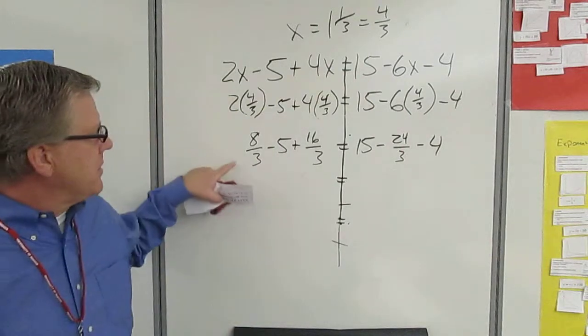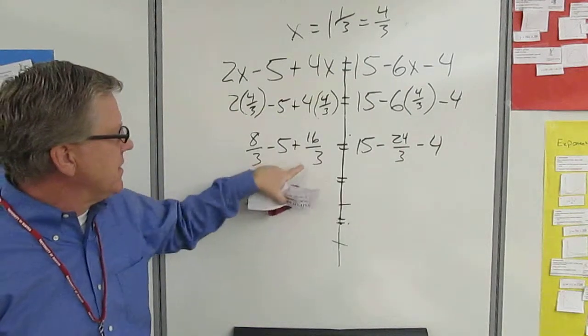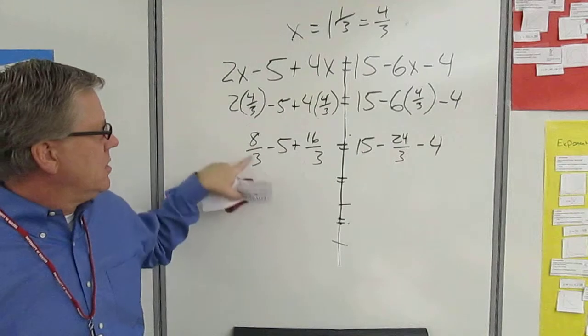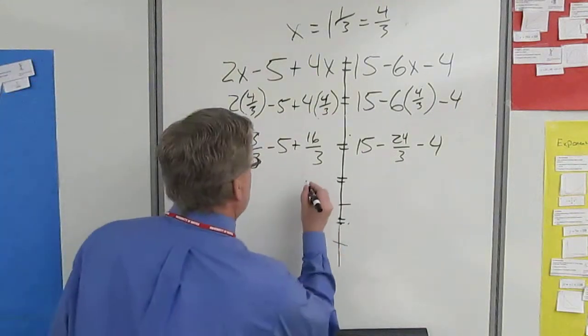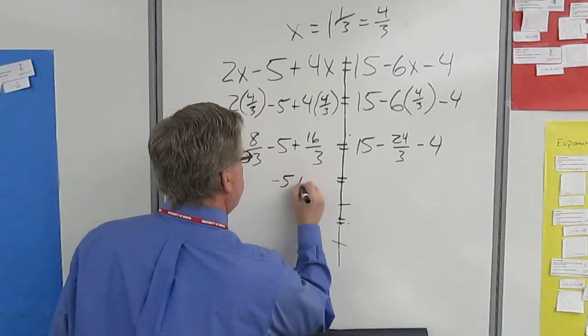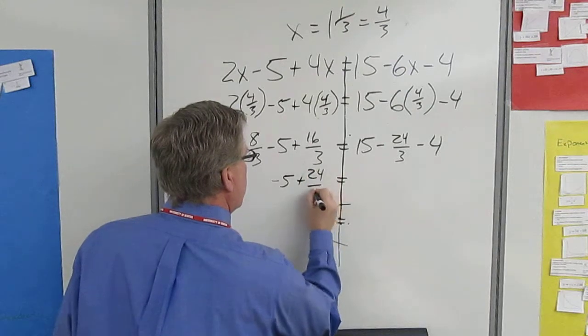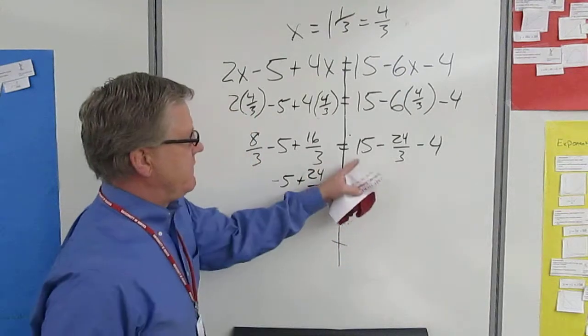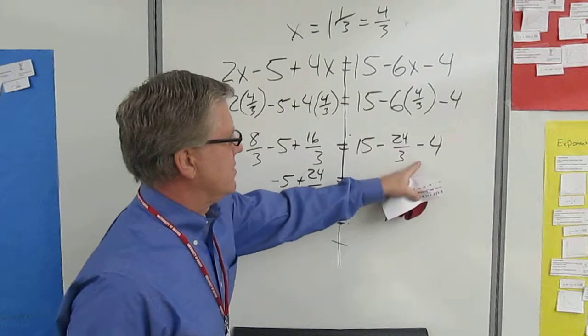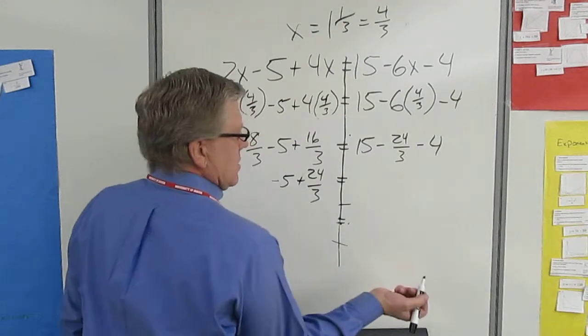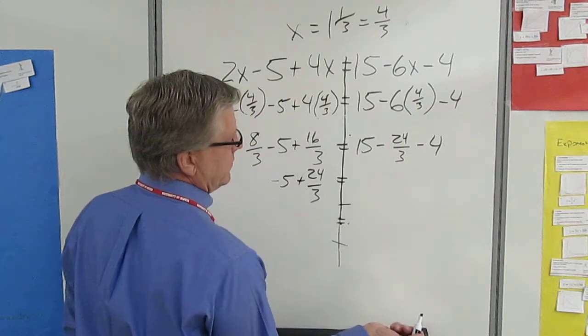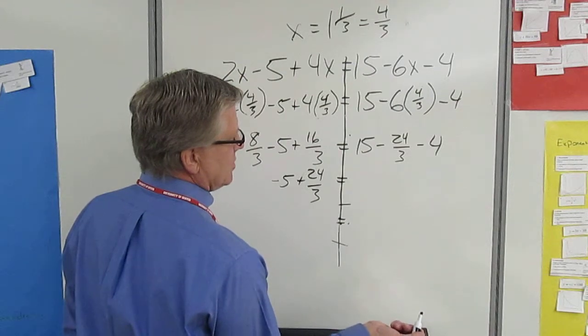Okay, now let's get back to here. What's 8/3 plus 16/3? 24/3. Negative 5 plus 24/3 equals 15 minus 24/3 minus 4. So let's just add this up here. What's 24/3?